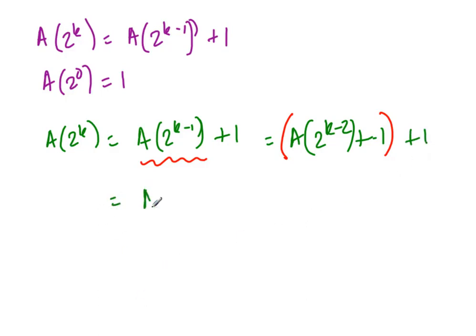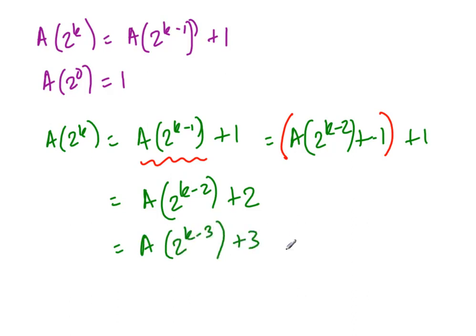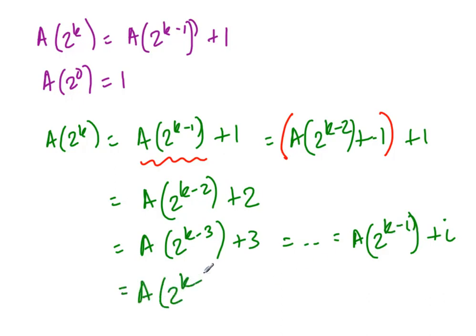So this is a of 2 to the k minus 2 plus 2. Now the pattern is much easier to spot. If you do it one more time, you get a of 2 to the k minus 3 plus 3. If you keep going, you get a of 2 to the k minus i plus i. After k steps, you get a of 2 to the k minus k plus k. This is now 2 to the 0, so this is going to be 1 plus k.